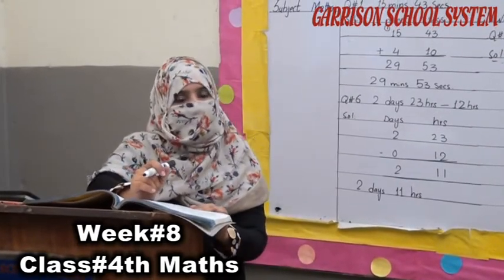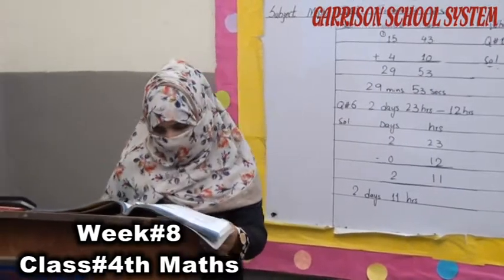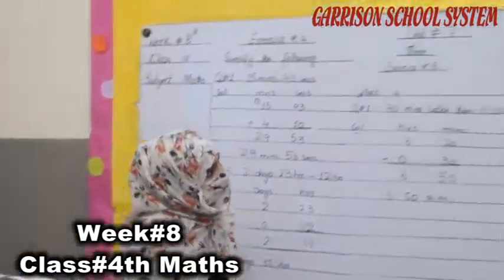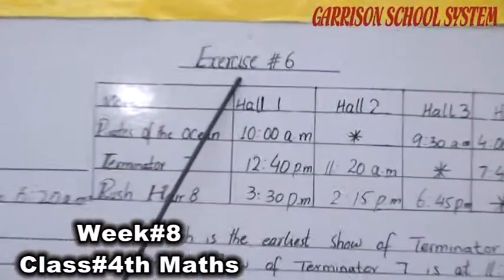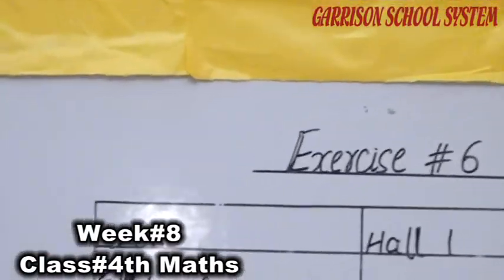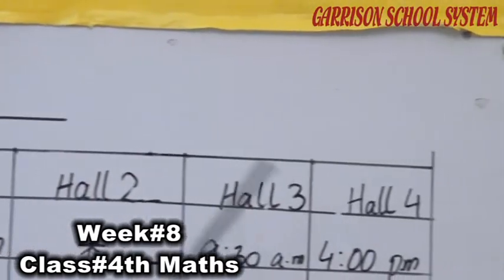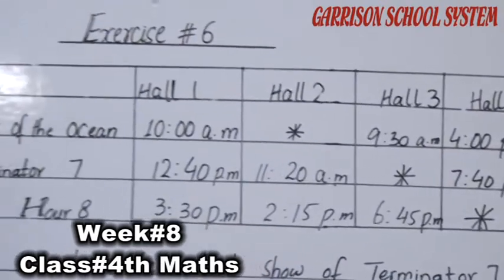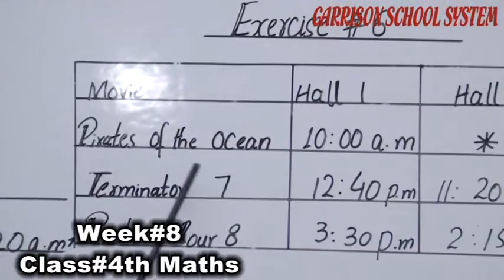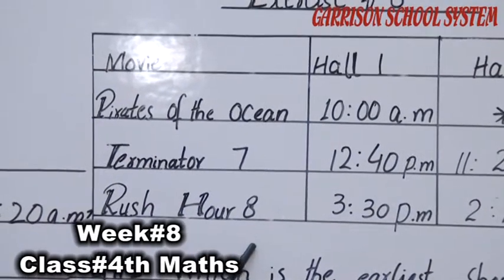Now we start exercise 6. Look at the following table. Here is exercise 6 and this is the table. The table mentions movies in hall 1, hall 2, hall 3 and hall 4. The movie names are Pirates of the Ocean, Terminator 7 and Rush Hour 8.